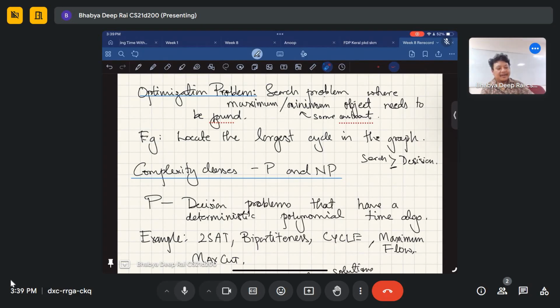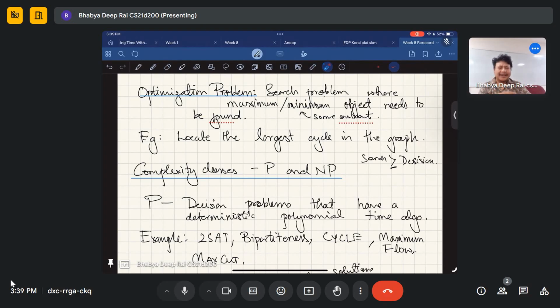For example, the search problem is locating whether there's a cycle in the graph or not, and let's say you locate it, and let's say that algorithm is very simple. Now, the question about whether there is a cycle or not, as long as you give a non-zero answer, I am good with it. So if the search problem is easily solvable, then the decision problem is also easily solvable.